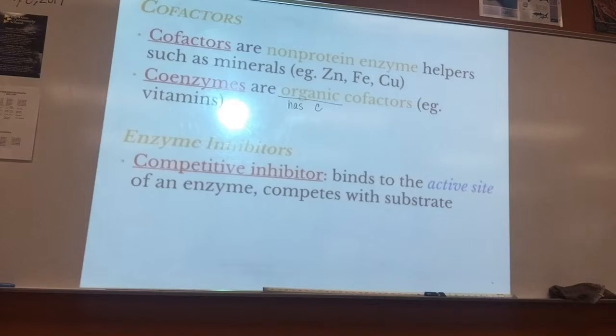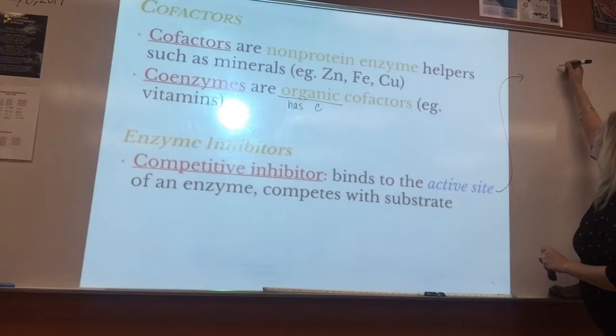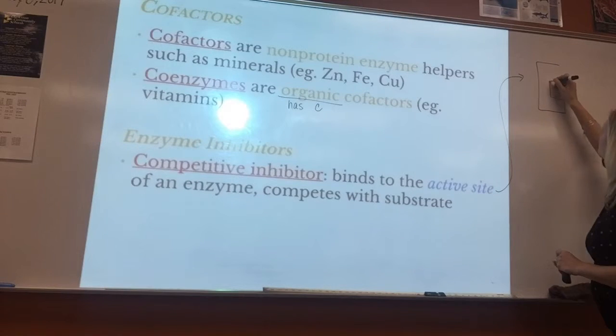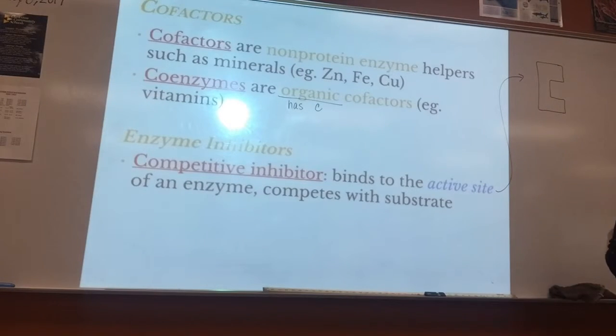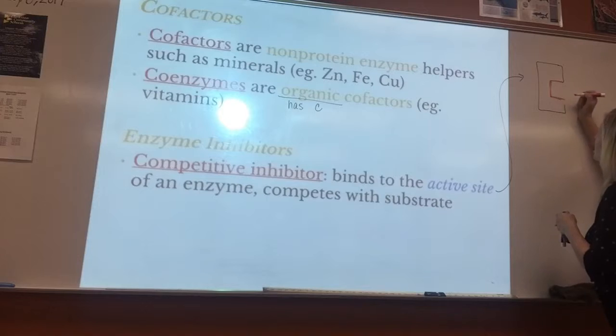So the inhibitor and the substrate are competing for what? The active site. Let me draw up here. This is your enzyme. This enzyme has a particular shape. This is the active site. That's important.